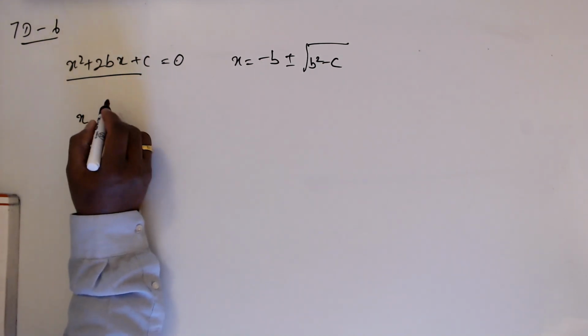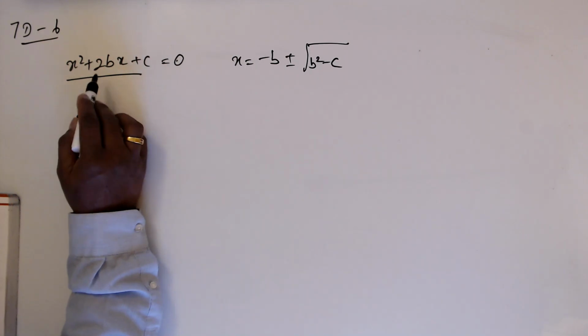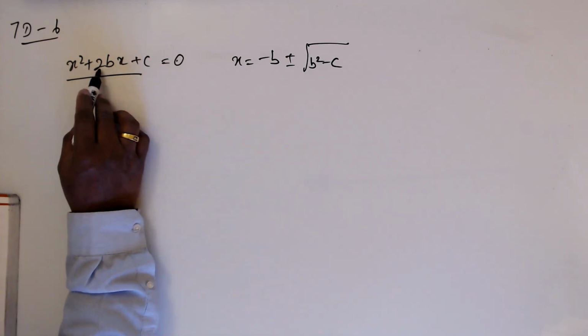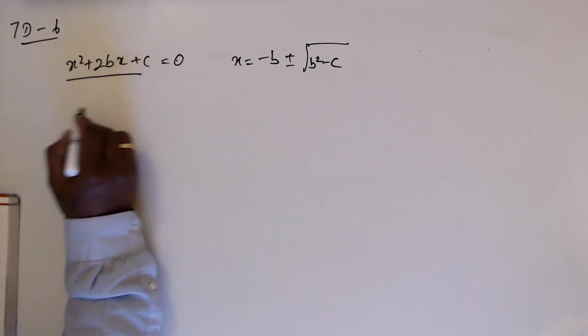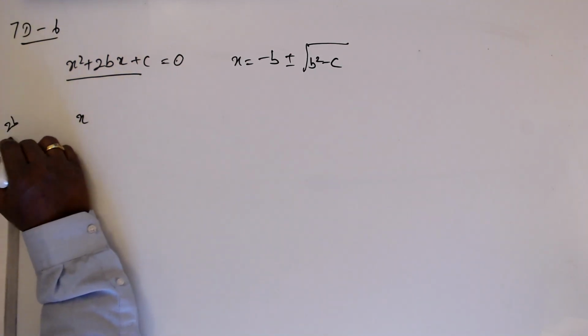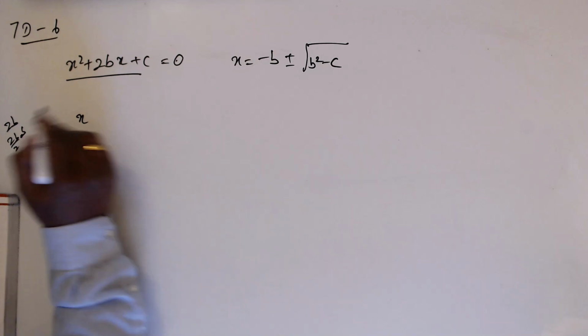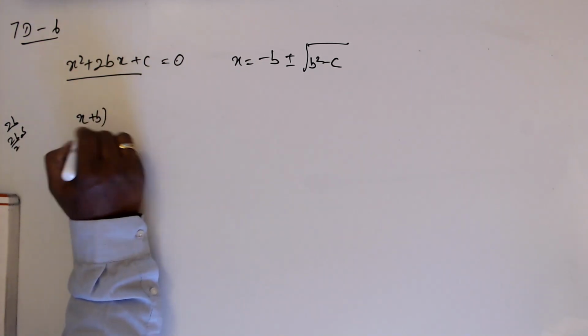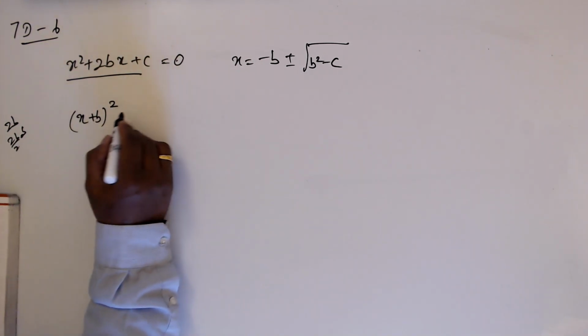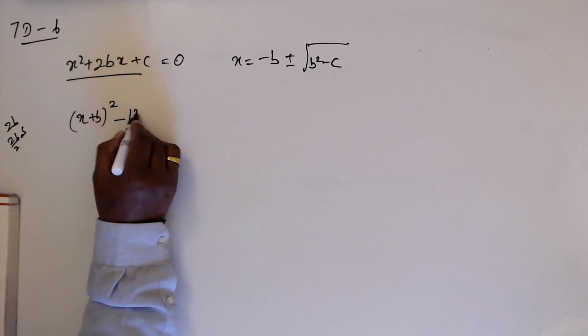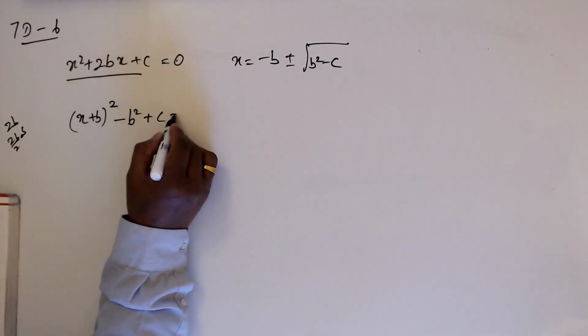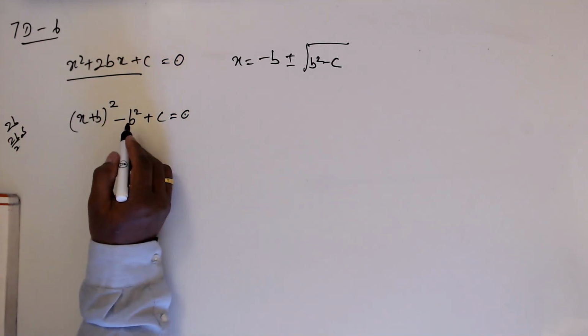So x, then we want half of the x coefficient value. So 2b, half of 2b is b. So x plus b square. Then we have to minus b square and plus c equals 0.